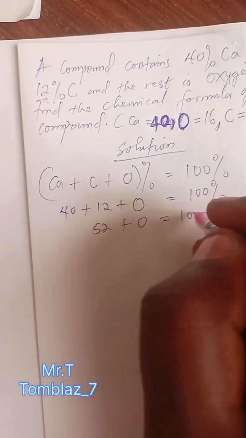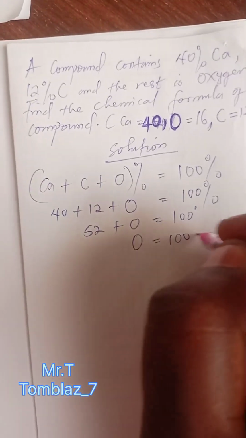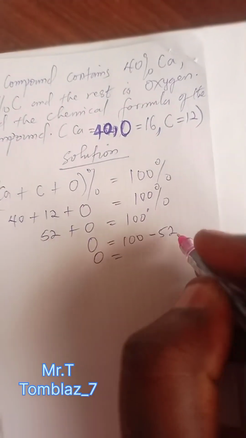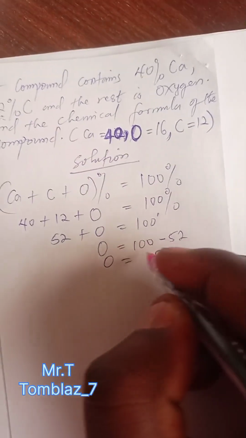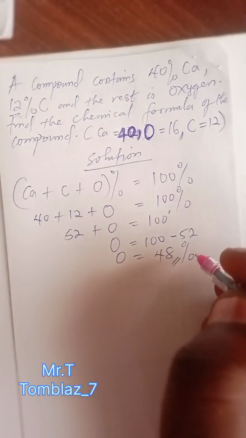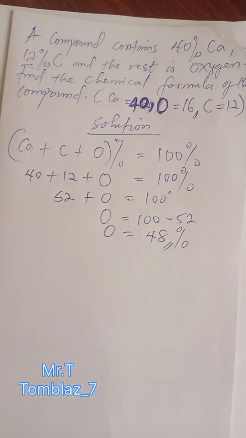So we have 100, right? So oxygen will give us 100 minus 52. So for oxygen, we're going to be having 10 minus 2 is 8, then 9 minus 5 is 4. So we have 48 percent.